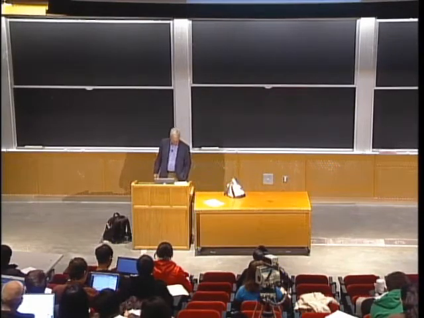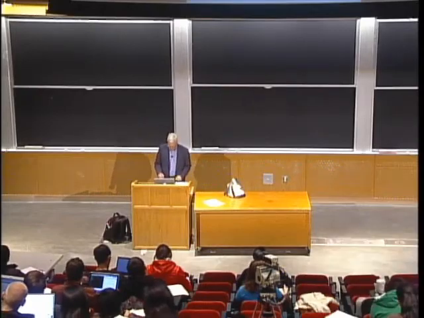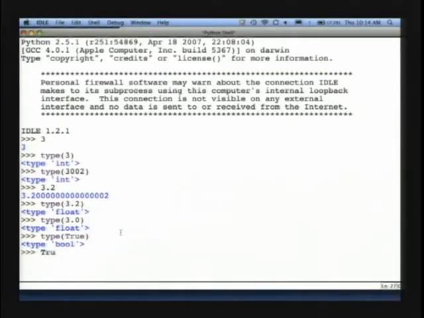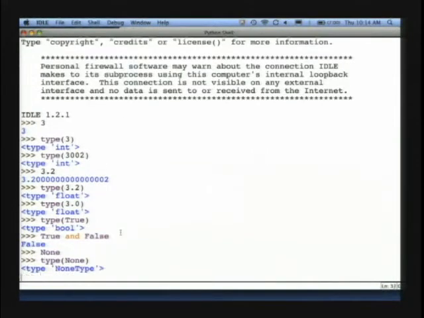All right. So we have true and false as the type Booleans. And then we can do operations on them. So, for example, true and false is false, as you might guess. Finally, there's this funny value none, which doesn't print anything when I type it. And if I look at the type of none, we'll see it's the none type.